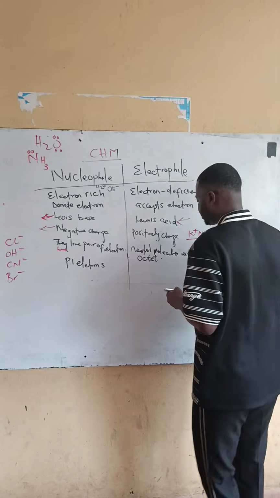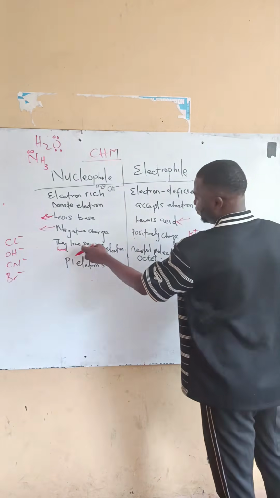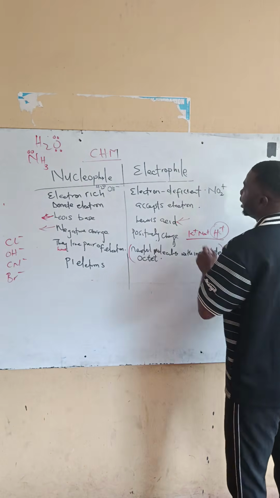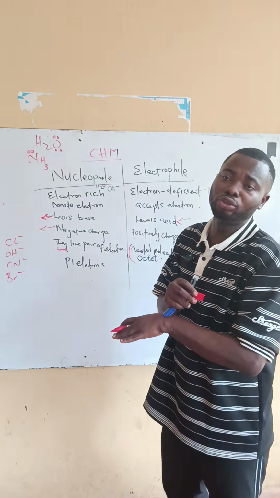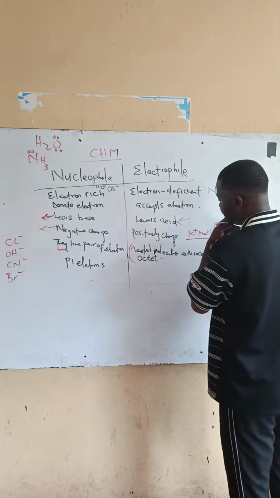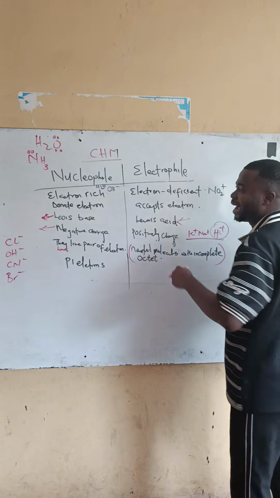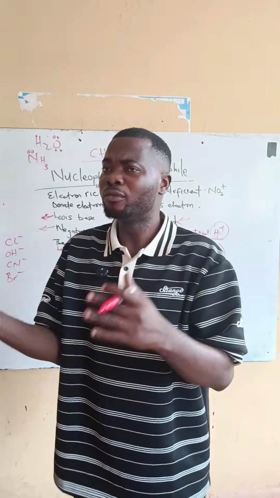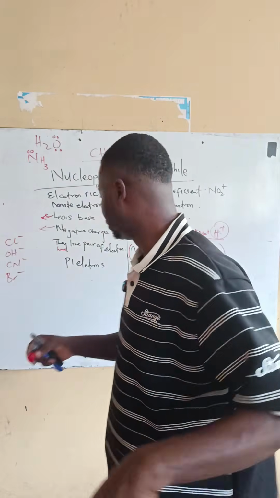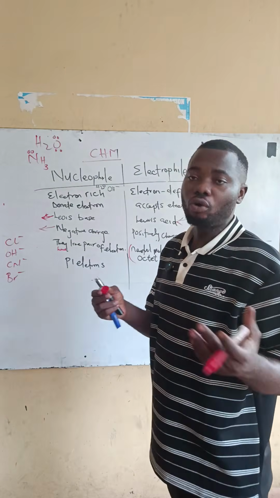Now, nucleophiles have lone pairs of electrons. I think we've agreed to that. But as for electrophiles, they do not have lone pairs. In fact, electrophiles used to be neutral molecules that have incomplete octets.